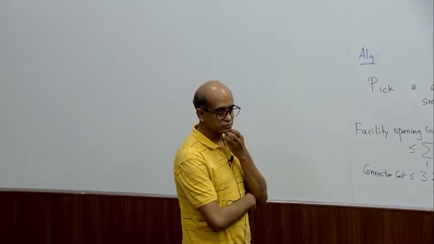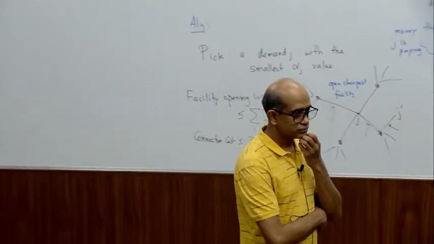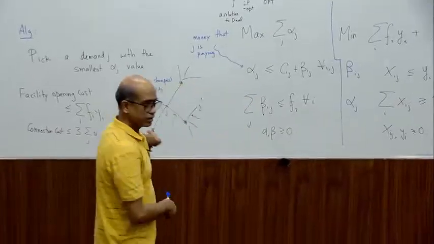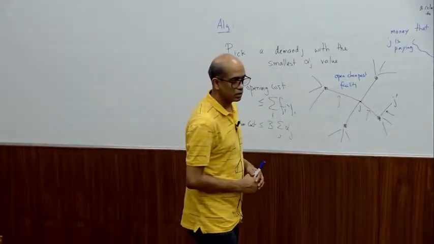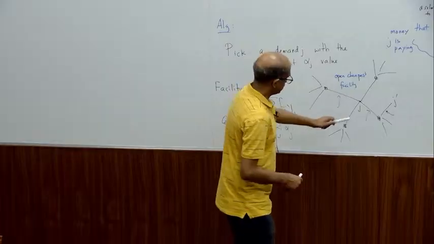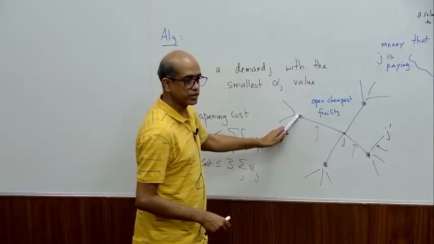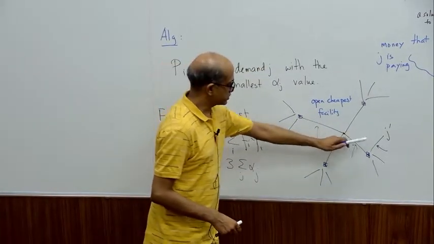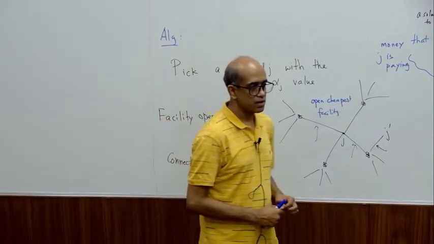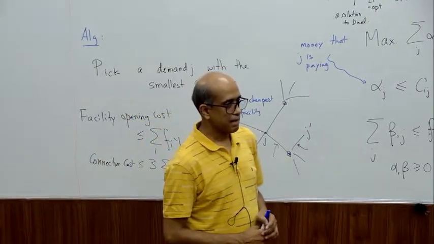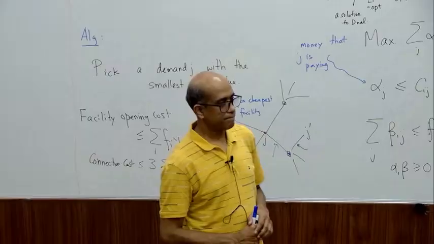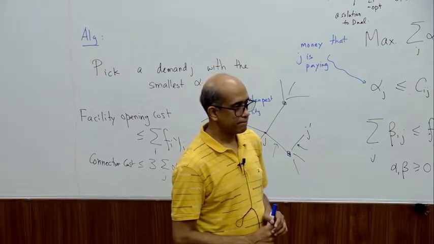Where did the metric property get used again? Here? Yes. How does alpha j inherit the metric? When j prime is getting assigned to here, this cost is this plus this plus this. That's just by construction. Whereas the metric property isn't as explicit.